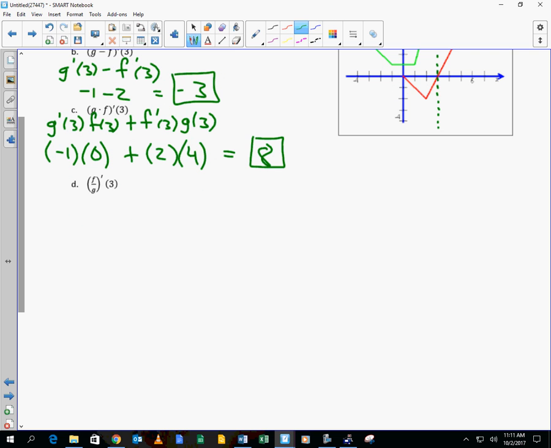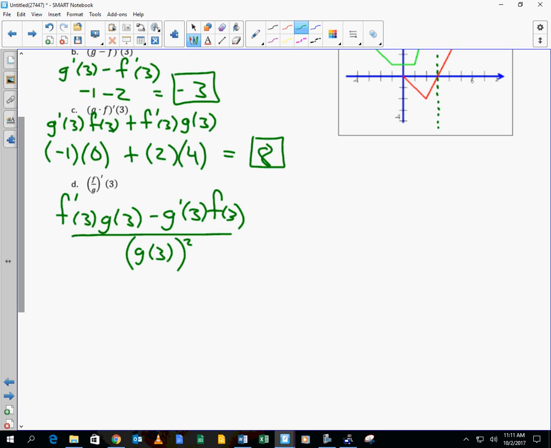And then the last one, what would we do? The quotient rule. Yep, f prime of 3 times g of 3 minus g prime of 3 times f of 3, over g of 3, that quantity squared. We already determined f prime of 3, it was 2.